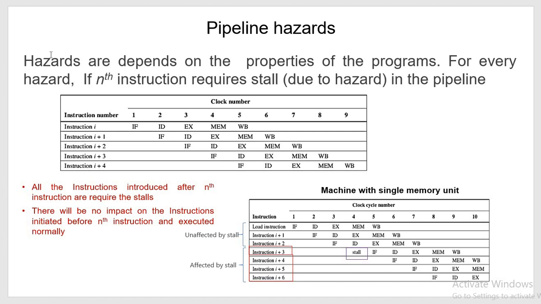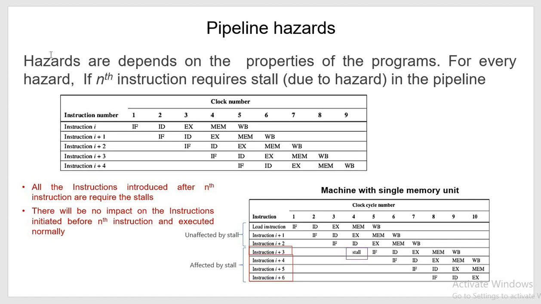Which one exists depends upon what type of instructions are written in the program. That is why I have written this: the hazards depend upon the properties of the program.